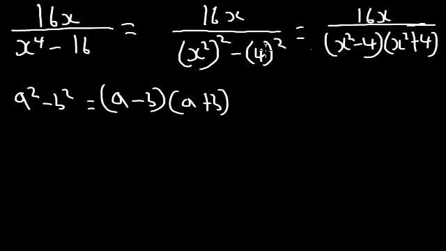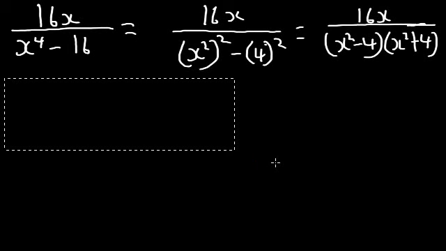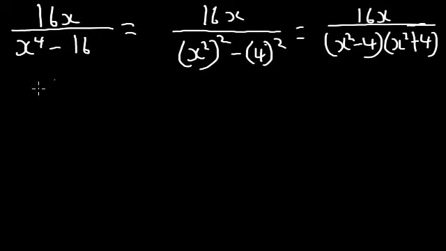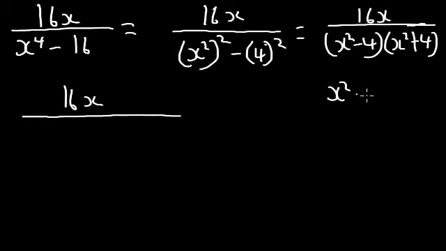Perfect. But we are trying to solve a problem, and the problem still persists. We still have a difference of two squares, so we still need to factorize that one too. Let's see. 16x all divided by, since it is x squared minus 4, it can be expressed as x squared minus 2 squared. So that's going to be x minus 2, x plus 2.